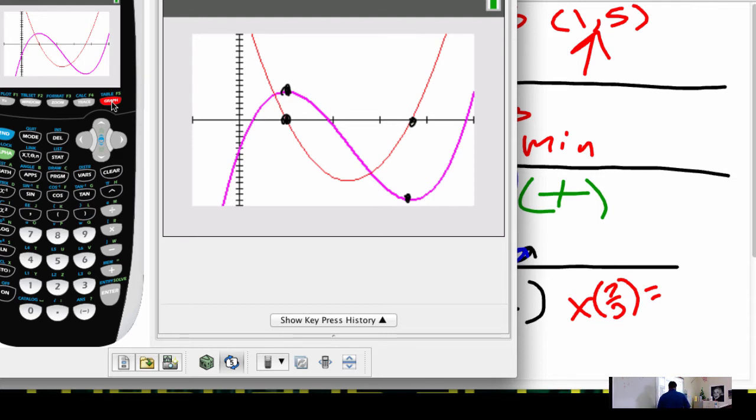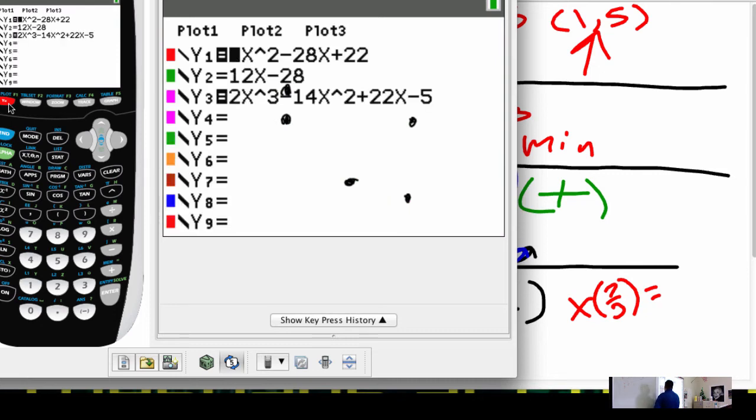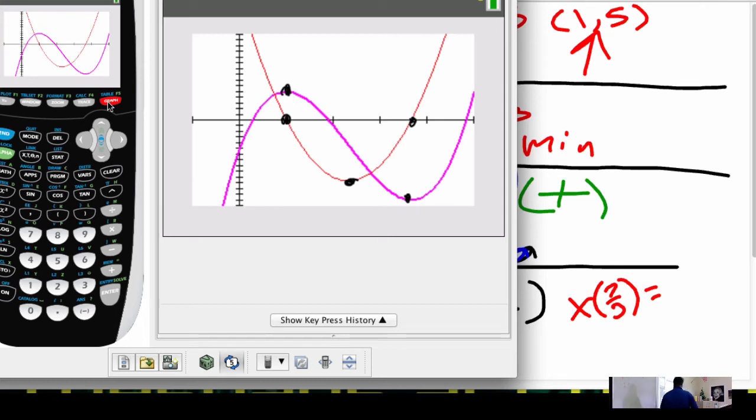Now, our point of inflection, here's the weird thing, the point of inflection occurs at f prime's local min, which occurs when f double prime is at 0. Does that make sense?